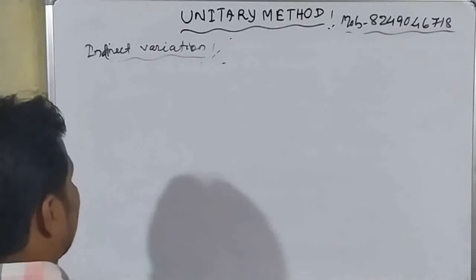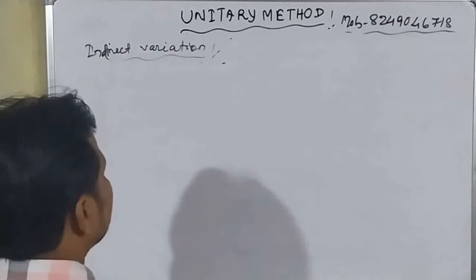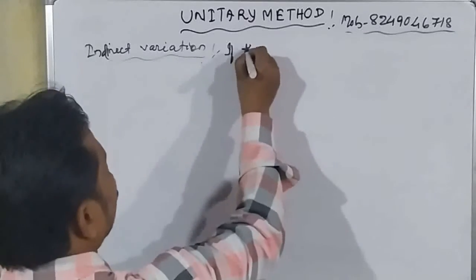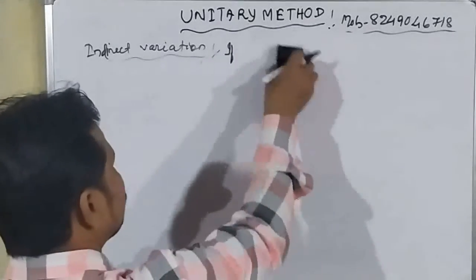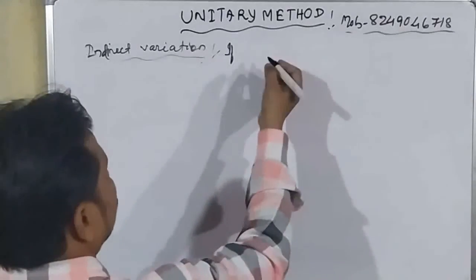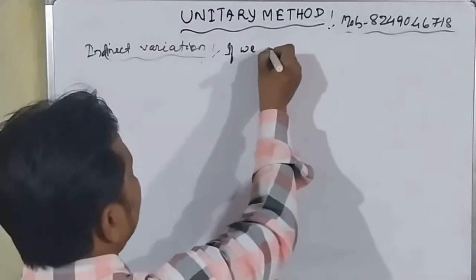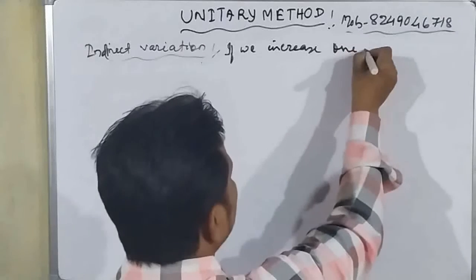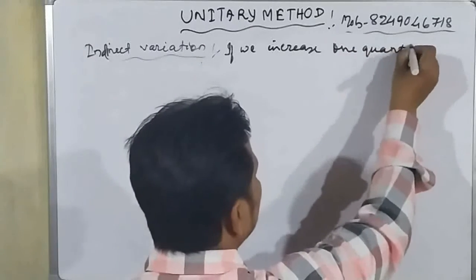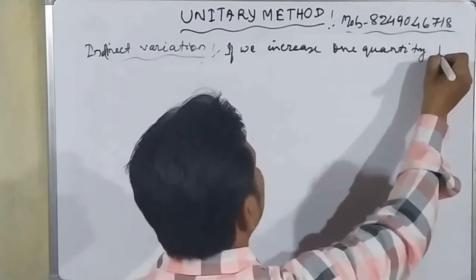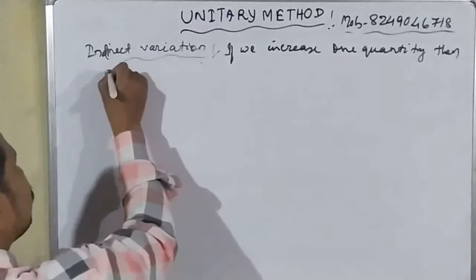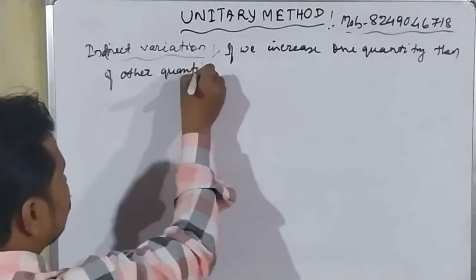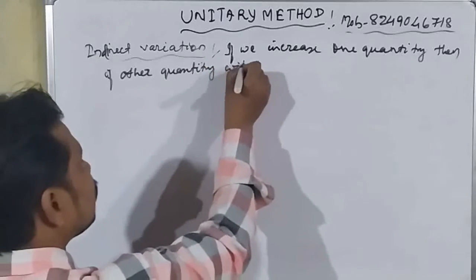Indirect variations. So what is the meaning of indirect variations? Here we change things but in different directions. If we increase one quantity, then the other quantity will decrease.